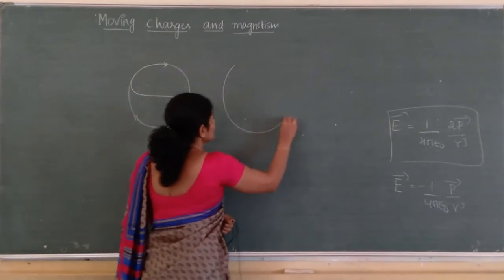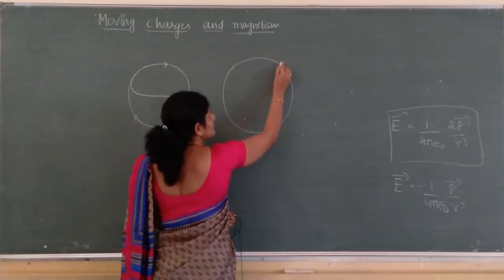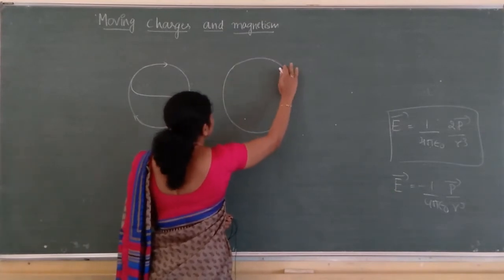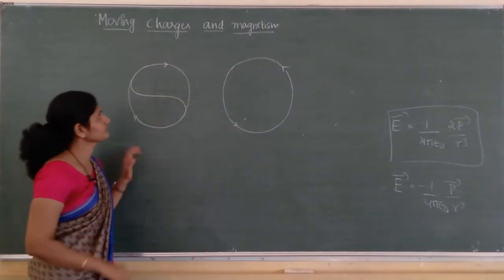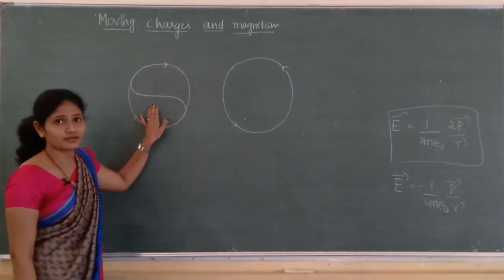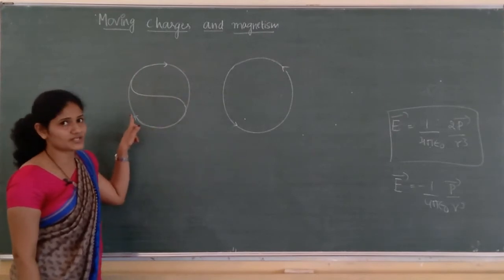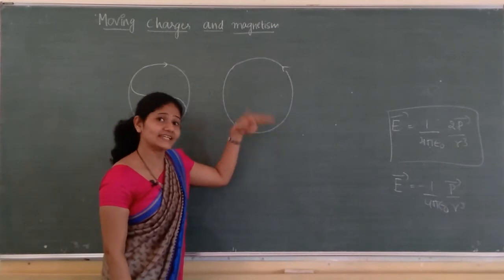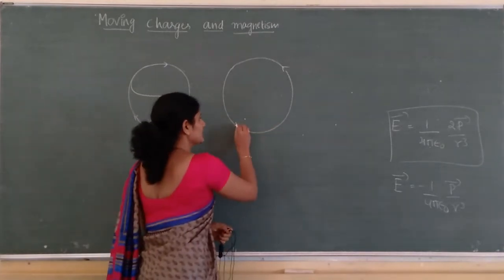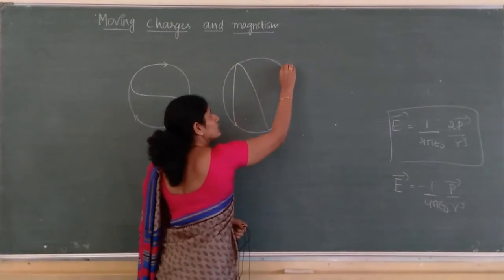Similarly, if the current flows in anti-clockwise direction, then the face of the coil is considered as the north pole.